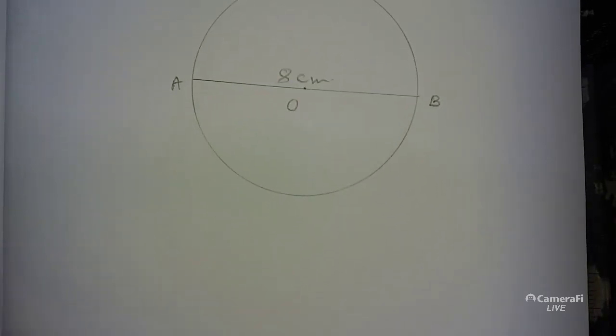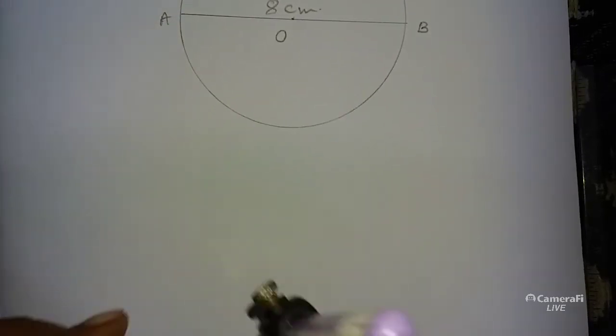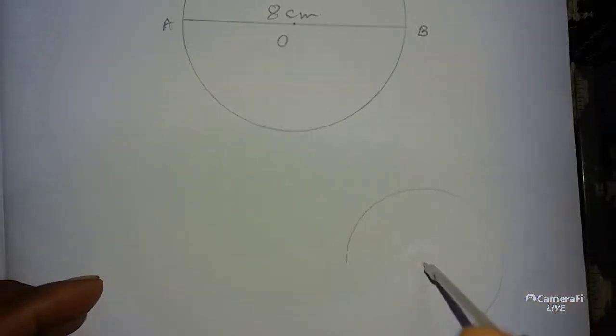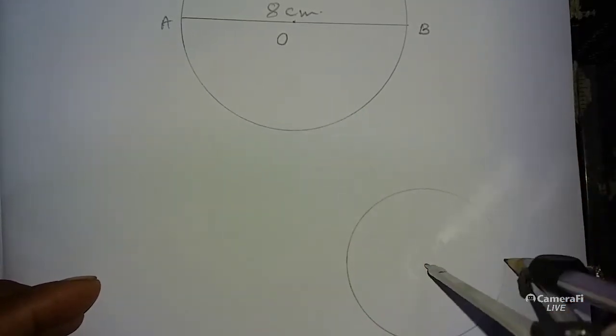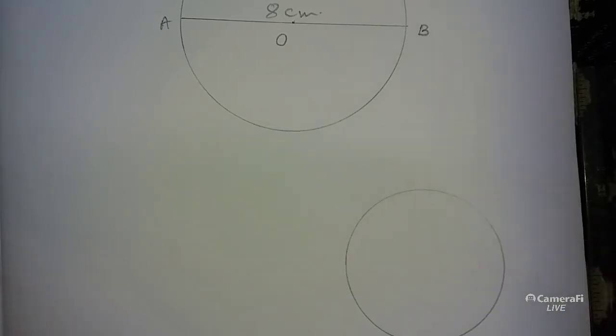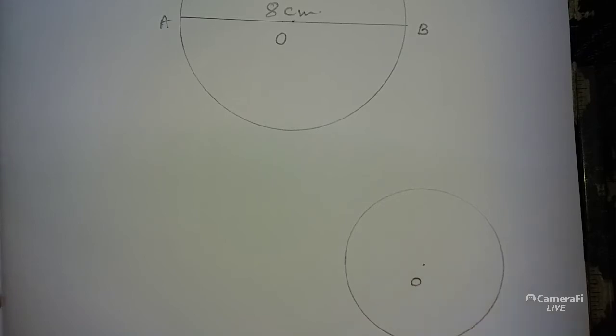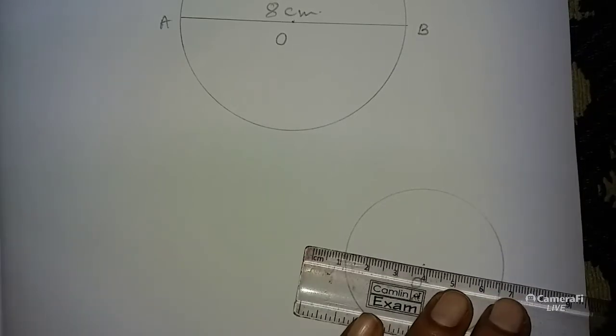Okay. Now let me come to a question. Suppose this is the circle, here is point O, let me join.